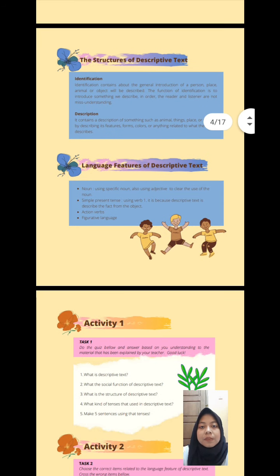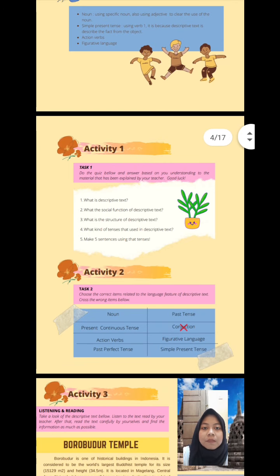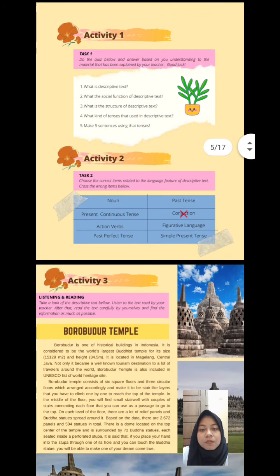After the teacher explains this material, the students should do activity 1 and activity 2. In activity 1, students answer some questions related to the material explained by the teacher. And in activity 2, students choose the correct language feature of descriptive text.